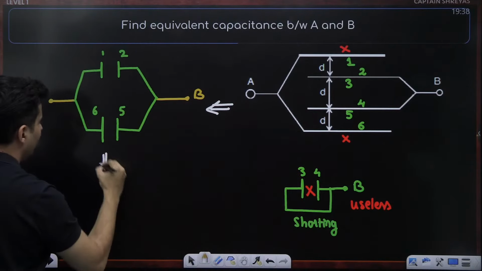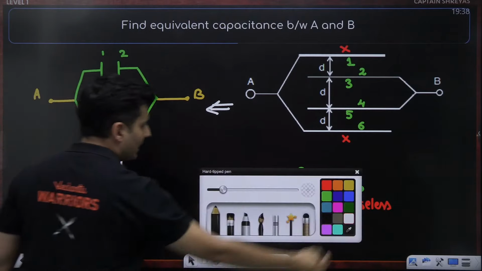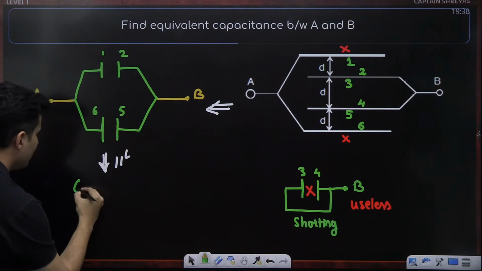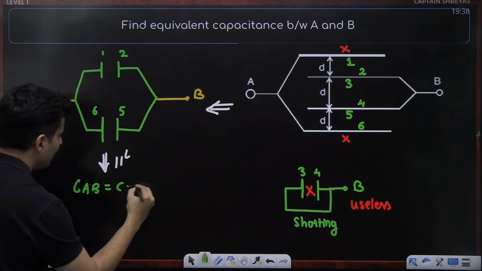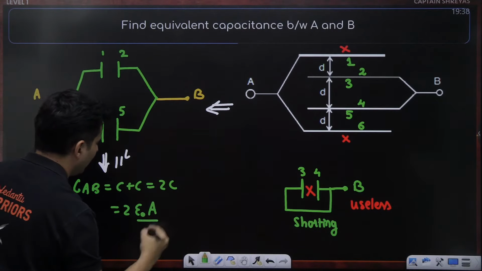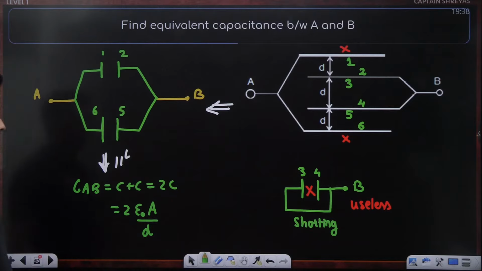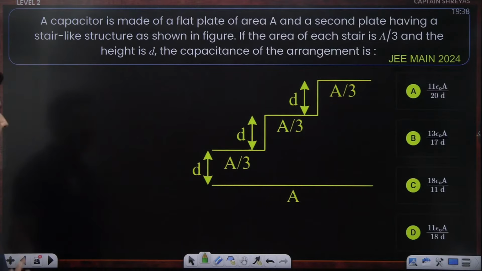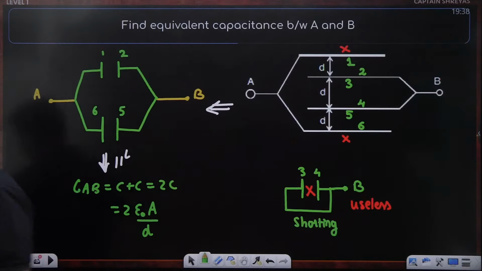Hence our answer, C_AB, will be C plus C, which is basically 2C, which is 2 times epsilon naught A divided by D. Is that clear, everyone? Very good.